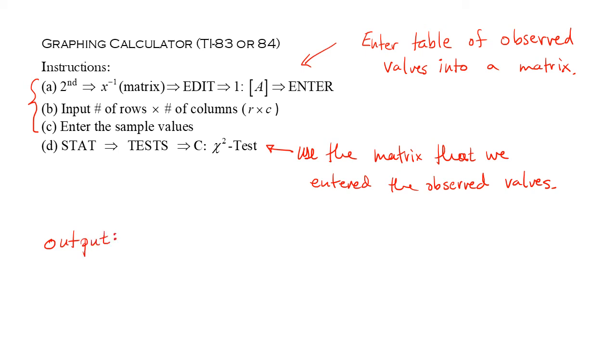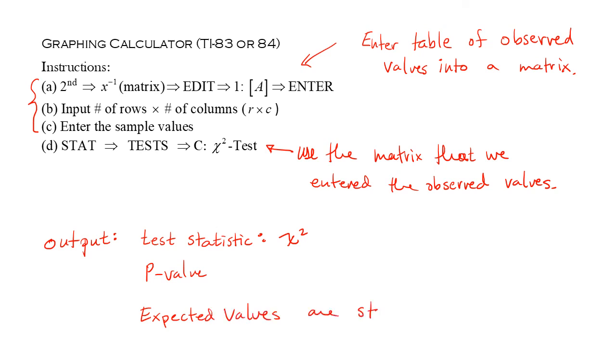Well, like usual, it'll give you the test statistic, which of course is the chi-squared value, and it'll give you a p-value. And it'll also output the expected values, which are stored in another matrix. And you can indicate what matrix you want it to store those expected values in, so that if we need to, we can reference those expected values.